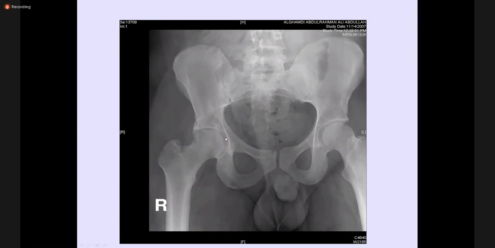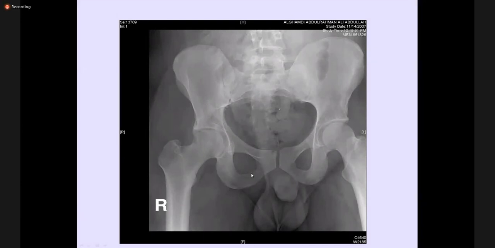See, this is the acetabulum. This is the iliopectineal line, the arrow which is following the iliopectineal line. This is known as the anterior column, and this is the anterior wall. And this is the ilioischial line.